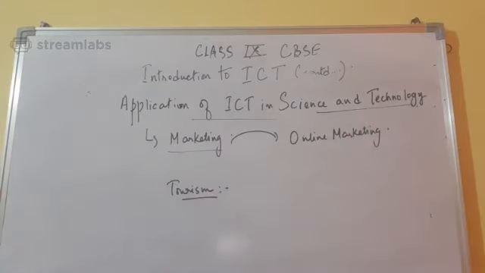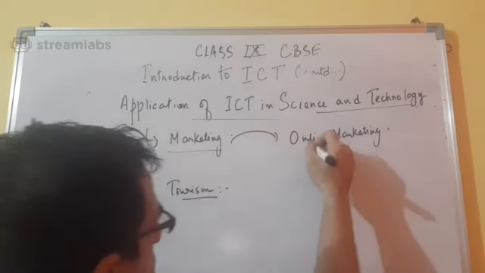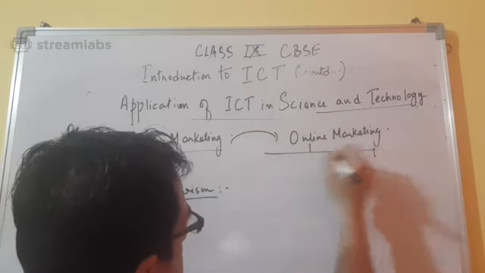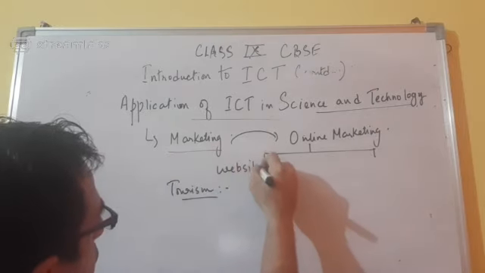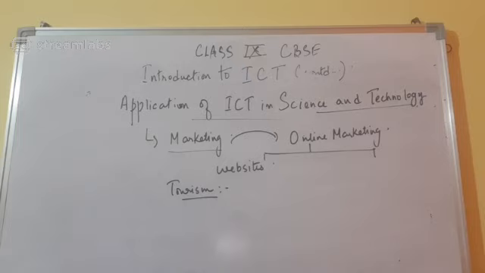Now in this online marketing, you'll find that a lot of companies and organizations have developed websites which elaborate more on the highlighting points of the particular product or the particular place to be highlighted. The reach and the feedback can also be collected online. And then you can call it mobile applications.